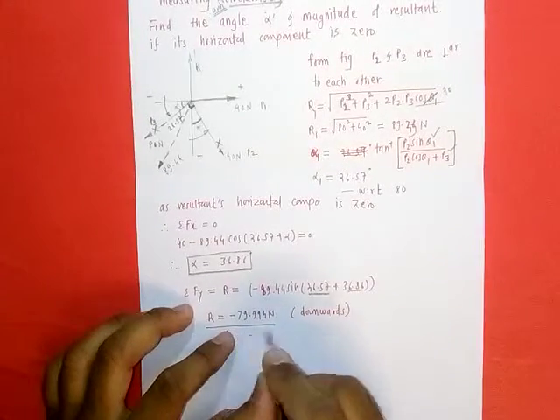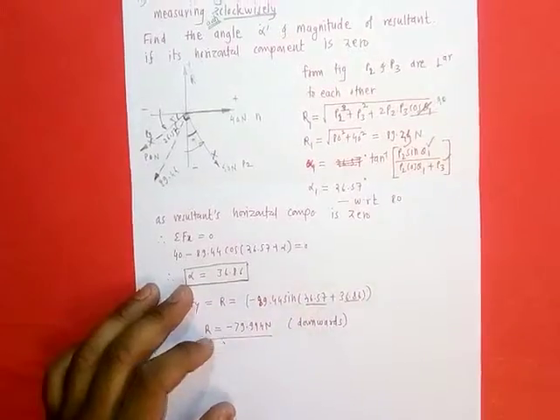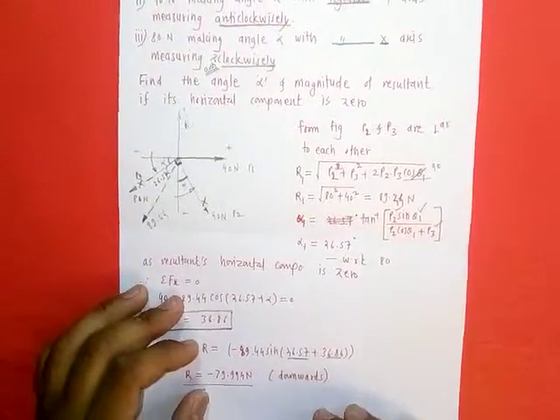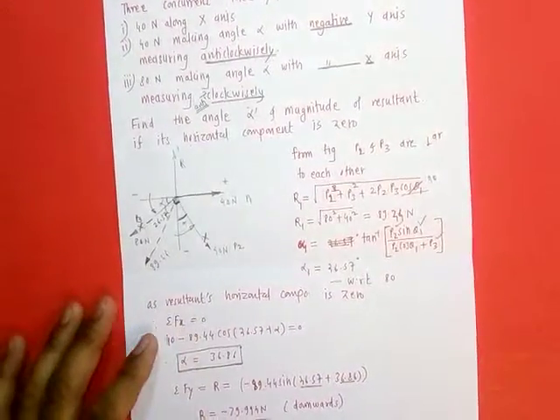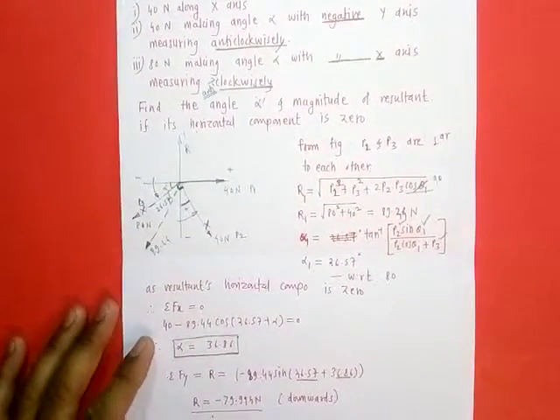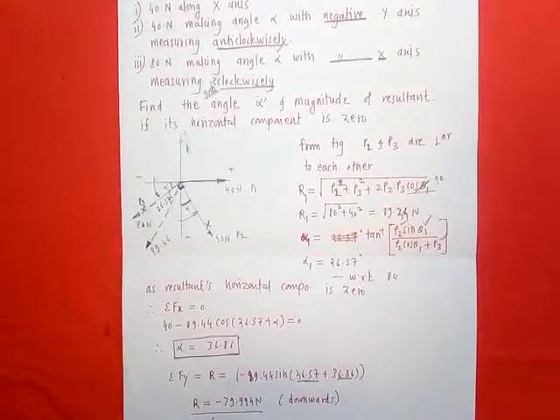Minus sign indicates resultant force is in downward direction. So in this video we have solved some simple numericals on parallelogram law of forces and concurrent force system.